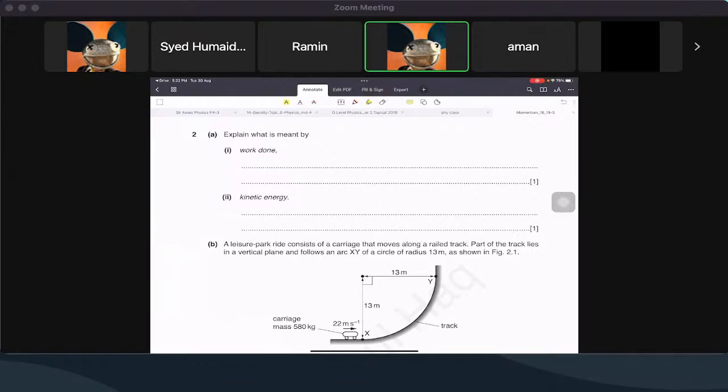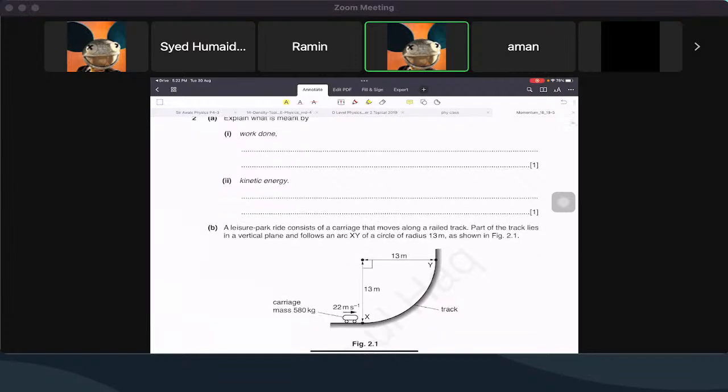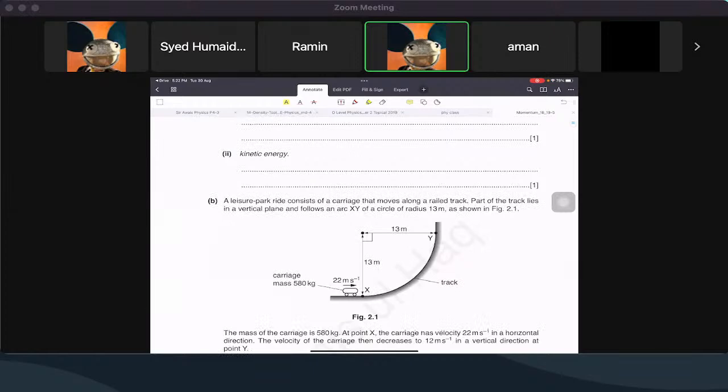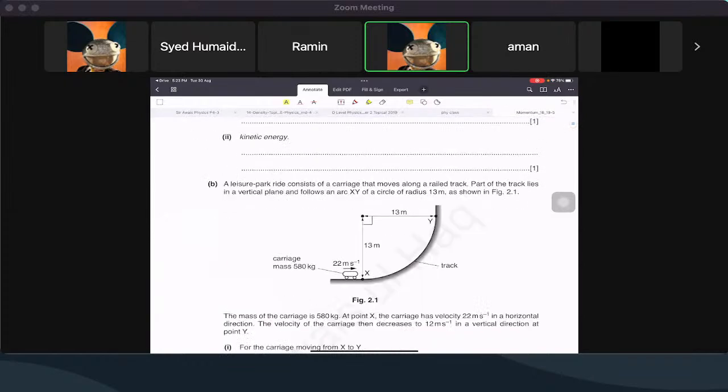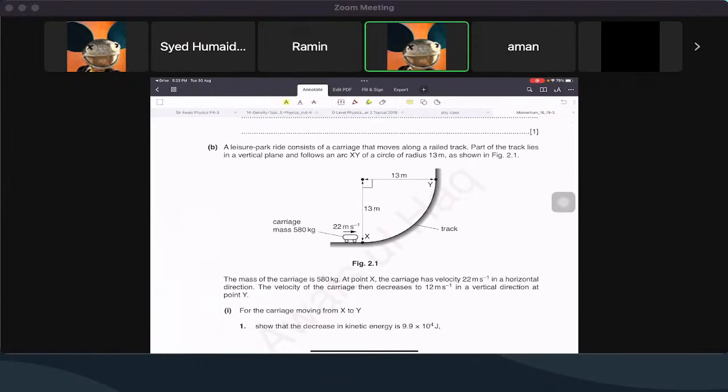Alright, if you look at this question, we won't do parts 1 and 2 because we haven't done them yet, but we'll do this. It says a leisure park ride consists of a carriage that moves along a rail track, and part of the track lies in the vertical plane and follows the arc, as you can see.